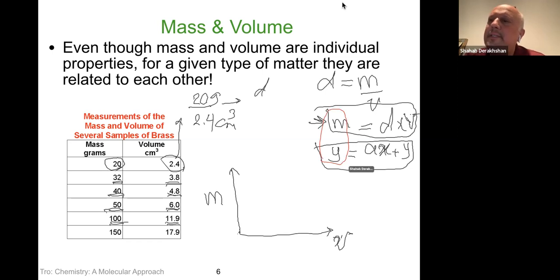We also said x is volume. So by comparing these, you know that your slope should be density.